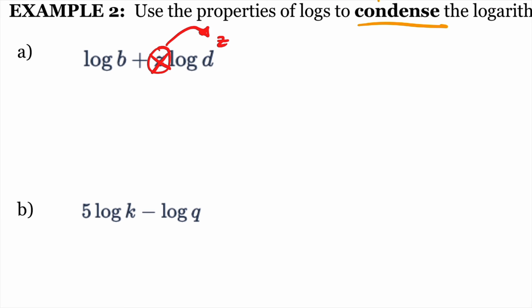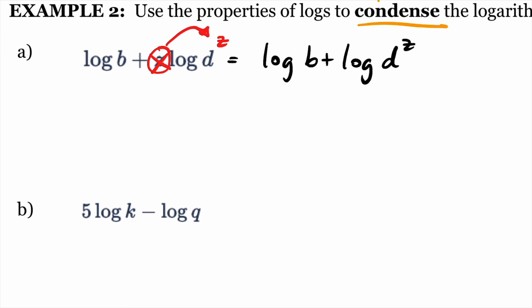I'm not distributing it. Some people think that's distributed. No, that's not distributive property. That's just moving it. Okay. So now this is what I have. So now I have log of b plus log of d to the z power. That's what I have right now. That was the only thing in front of the logs.